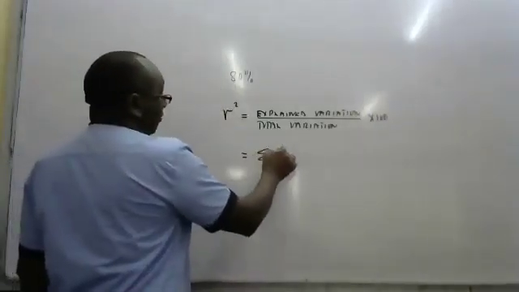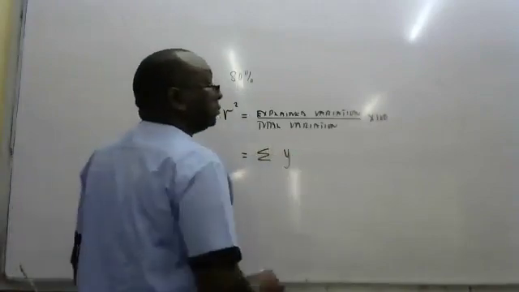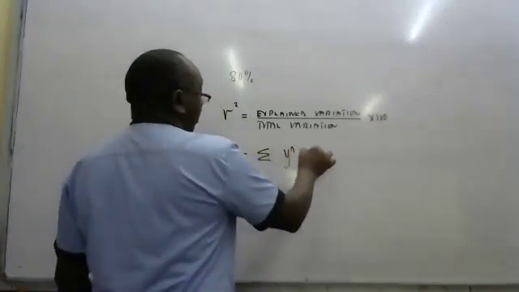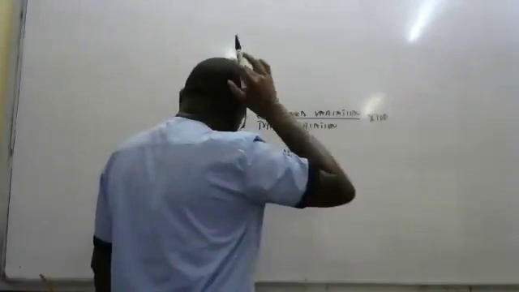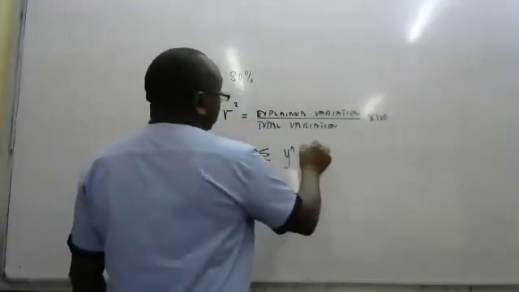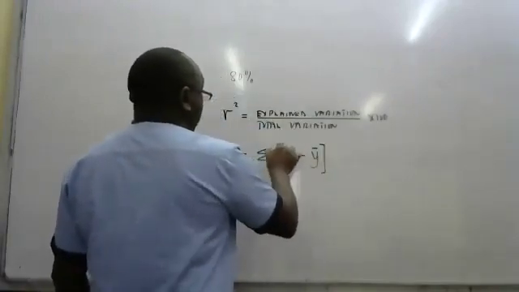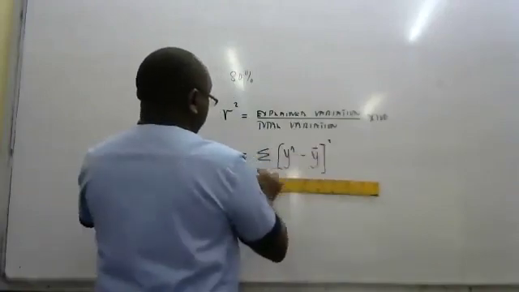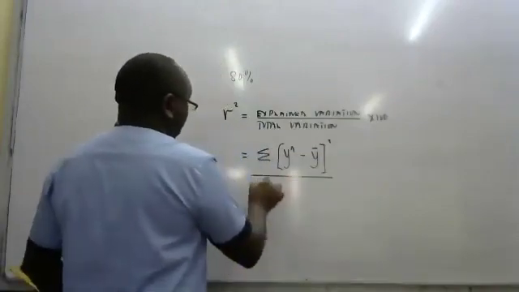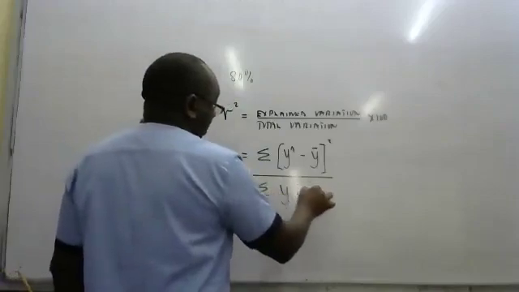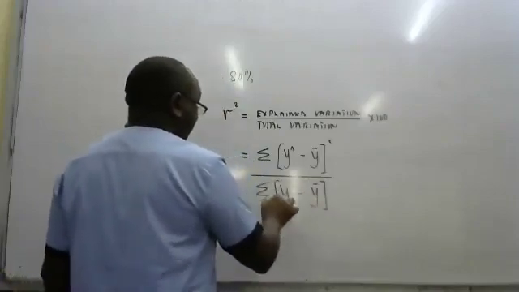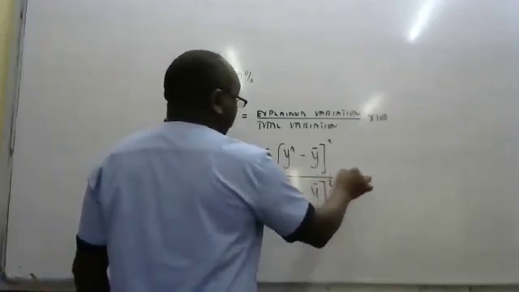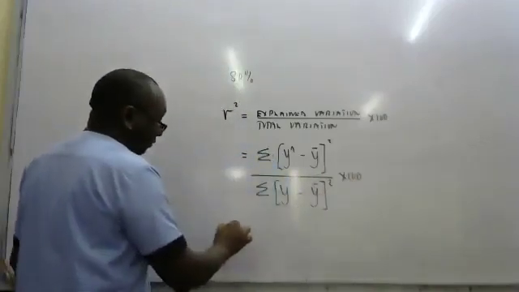So this is the sum of Y predicted minus Y bar squared, divided by the sum of Y minus Y bar squared, times 100.